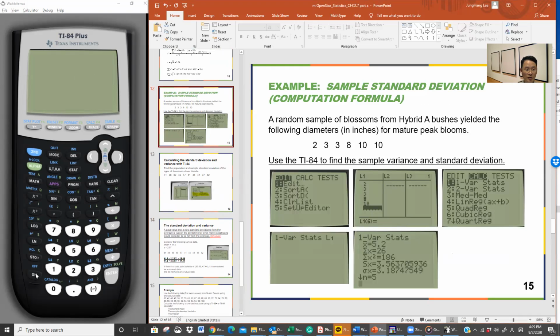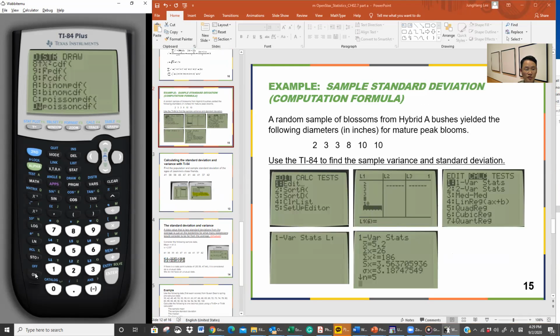So we put the calculator on, clear this, hit STAT, and hit edit one. Let me clear all this. I'm going to move my cursor to highlight L1 and hit clear once.